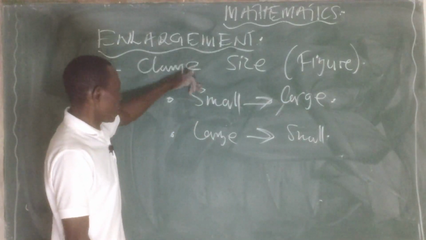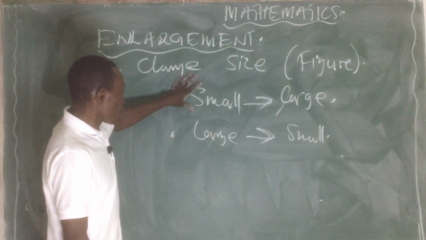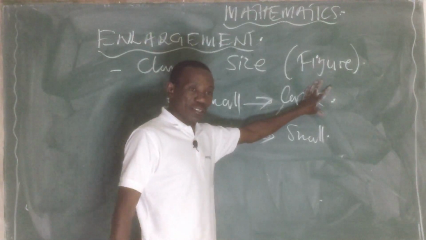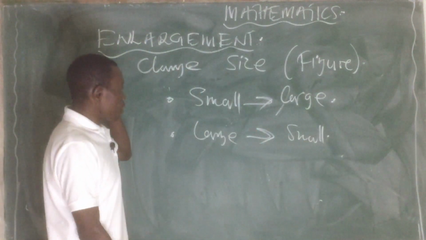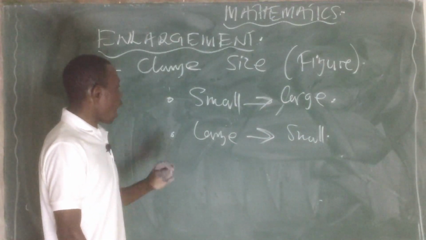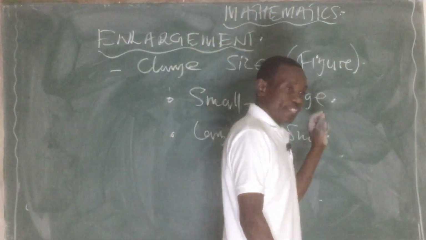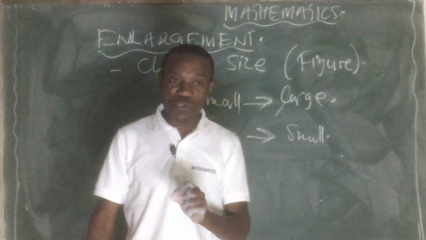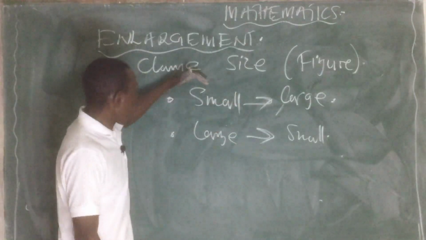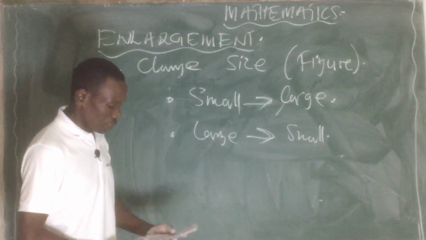But in English, we just talk of smaller to large. So please let us try to understand one another here. We'll be looking at how we increase the size of an object, or how we reduce the size of an object, by this definition that we have here.